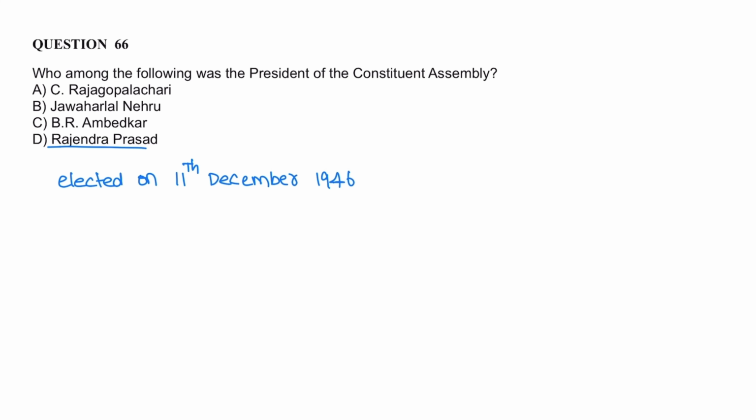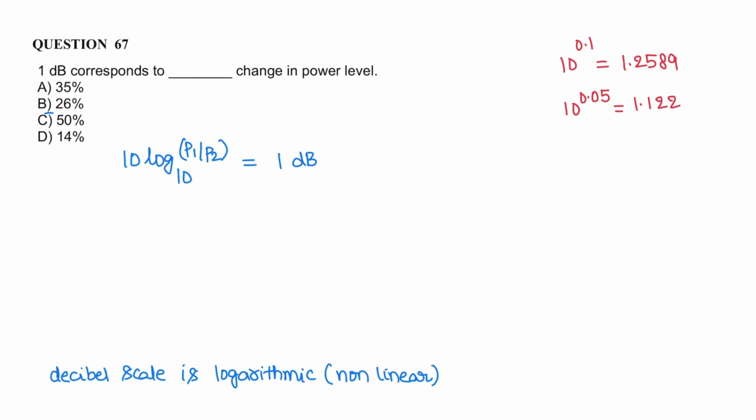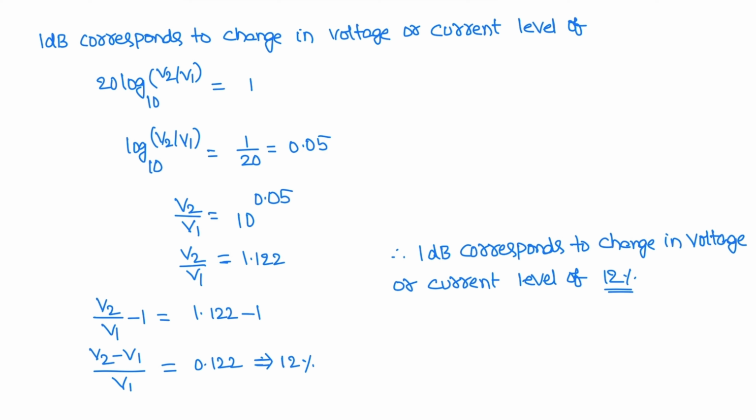1 dB corresponds to change in power level. Okay, before seeing this question, let us see 1 dB corresponds to change in voltage level or current level of. So how to solve this question: for voltage or current, dB is 20 log 10 of V2 by V1, which is equal to 1, given is 1 dB.